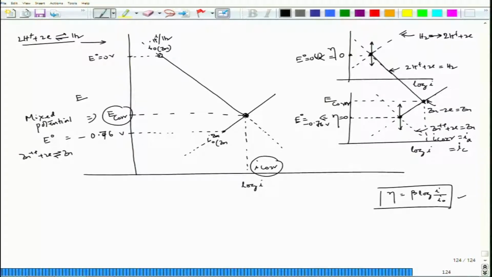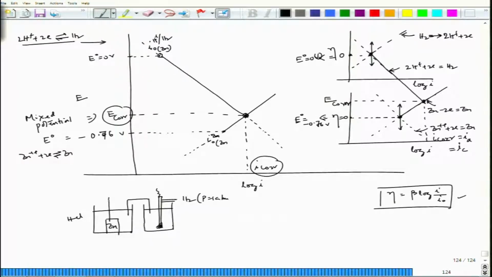So, if I try to measure this potential of zinc without sending any current through that particular zinc plate, by a standard hydrogen electrode, that means if we have this zinc in HCl medium and then I connect it to a standard hydrogen electrode, and I connect a wire with this zinc, and then I try to measure the potential, it gives me a potential.